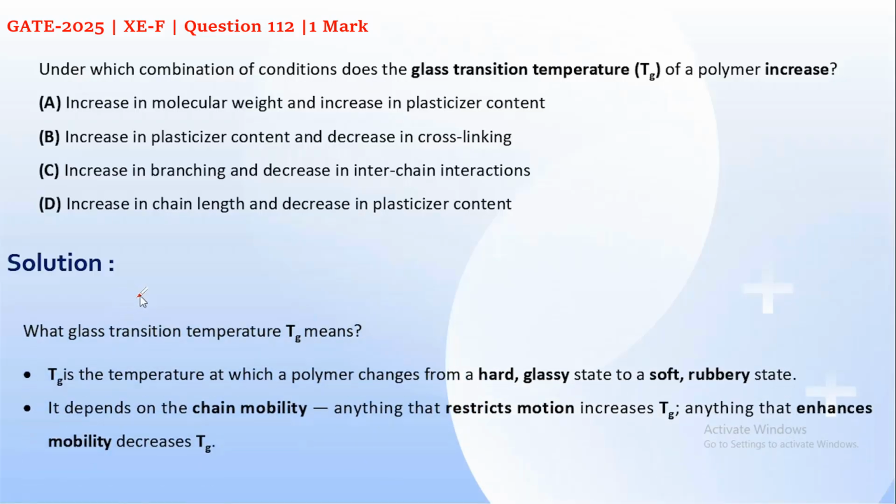Before going into the solution, we should know what glass transition temperature is. This is the temperature at which a polymer changes from a hard and glassy state to a soft and rubbery state.